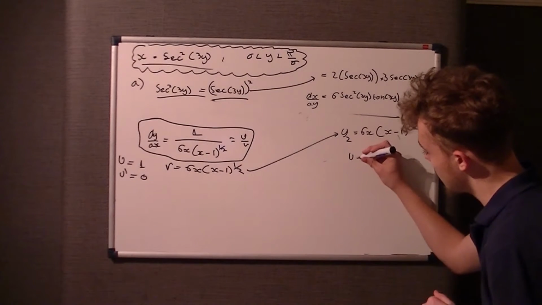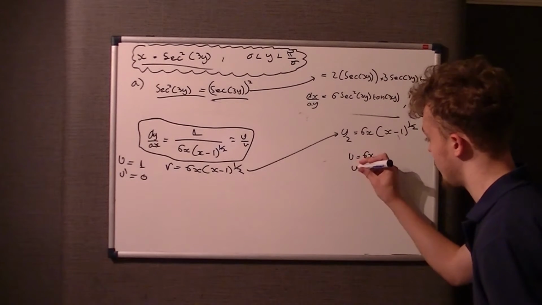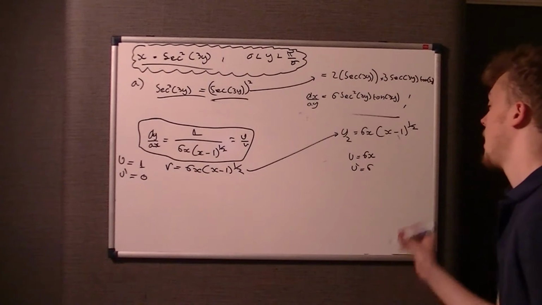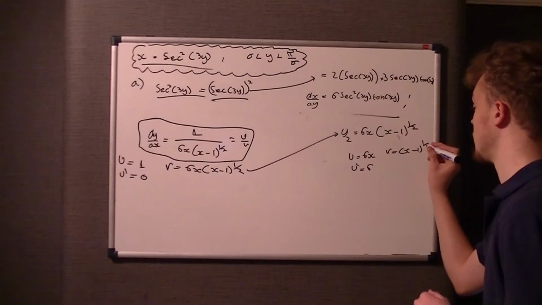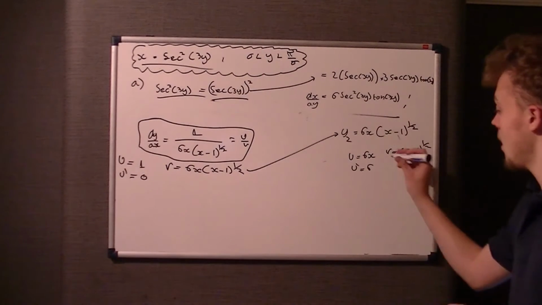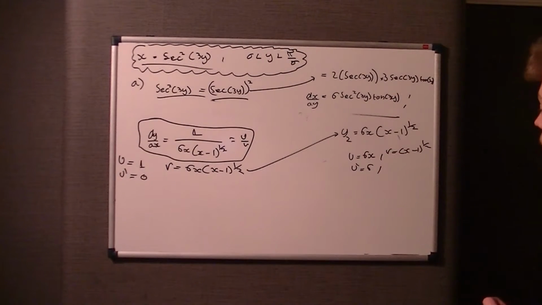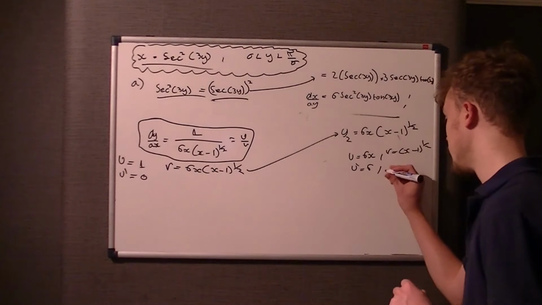So if we let u is equal to 6x, therefore u dashed is equal to 6. V is x take 1 to the power of a half. And we need to differentiate x take 1 to the power of a half. Because it's a bracket, we can use the bracket rule.